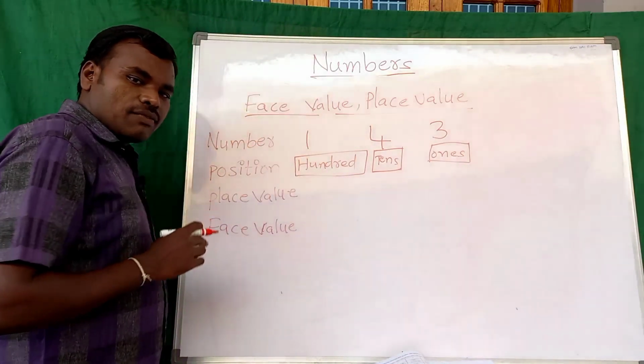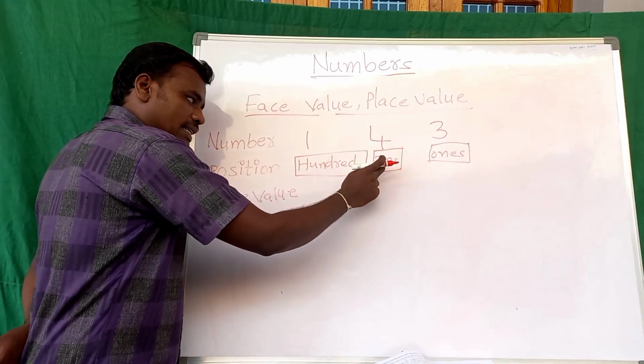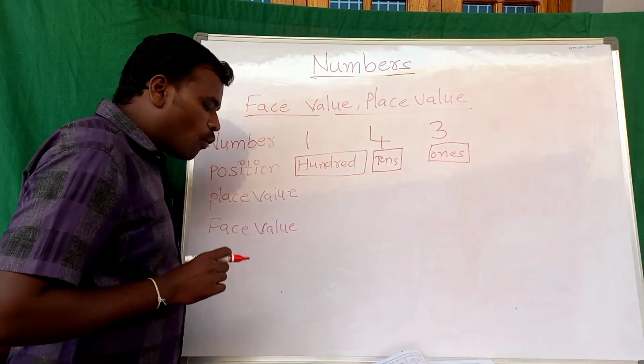So in this 143, 1 is in the hundreds room, 4 is in the tens room, and 3 is in the ones room.